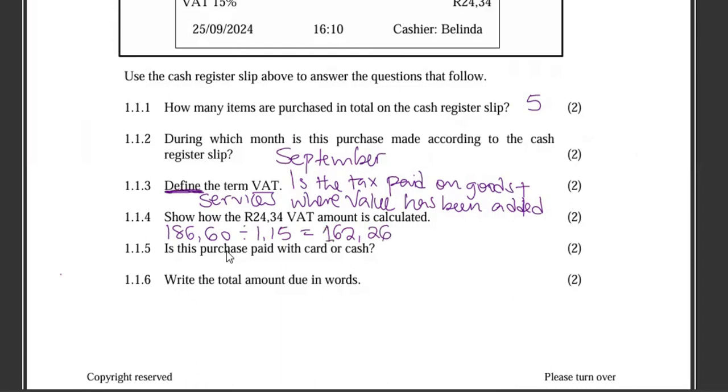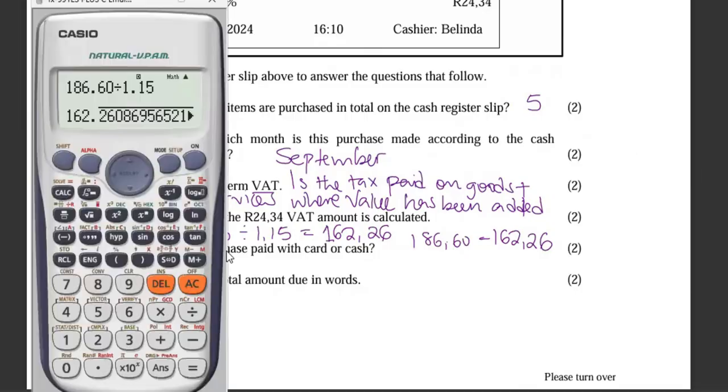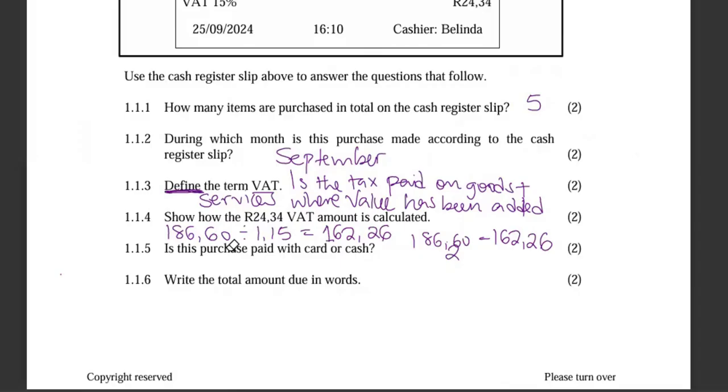This is the money without VAT. So how are we going to look for VAT? We take the money that was already paid, minus the money that does not have VAT. Let's take a calculator. So it's 186.60 minus 162.26, and you get the final answer.